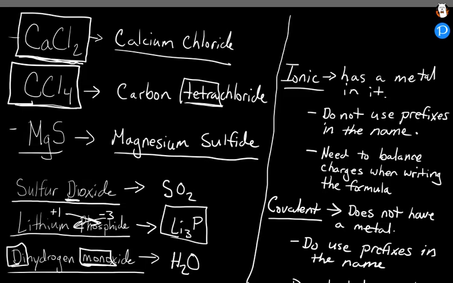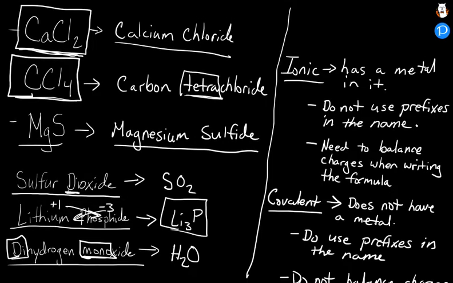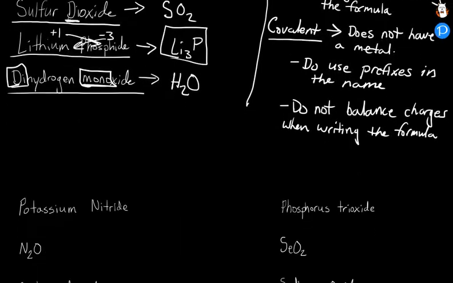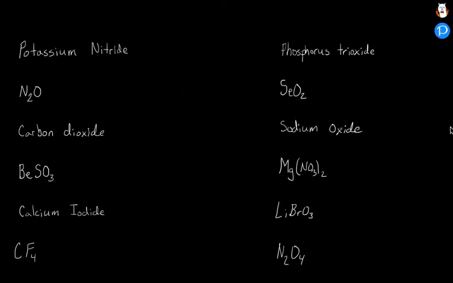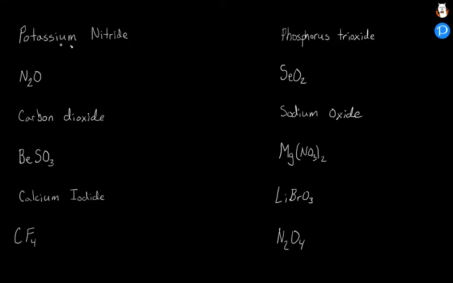And also, I'm going to give you a mixture of polyatomic ions. So not only am I going to give you different ionic and covalent compounds, I'll give you some ionic compounds that have polyatomic ions as well, and you have to remember the rules for those. So let's jump down here and do a few examples. I've got some names and I've got some formulas.